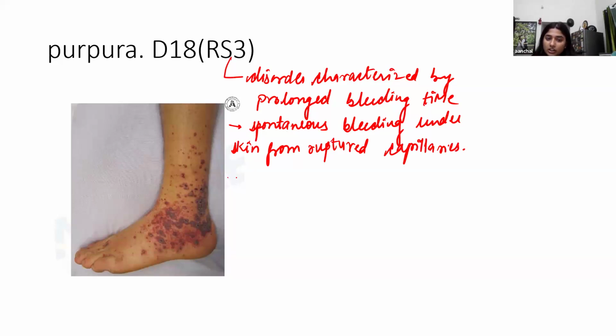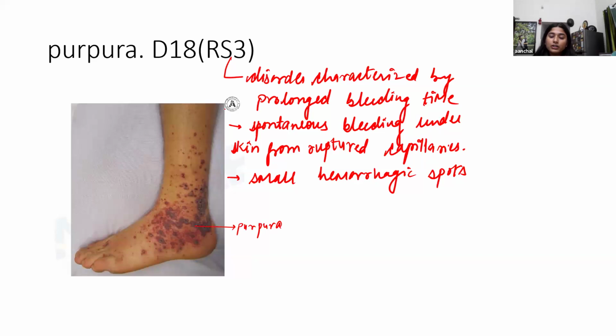These types of spots can occur in many areas of the body, and because of the presence of these spots, this disease is known as purpura, because purpura means purpuric spots, a purple colored patch-like appearance that occurs inside the skin or beneath the skin, you can say. That's why this condition is known as purpura.